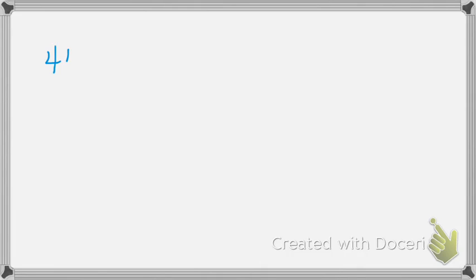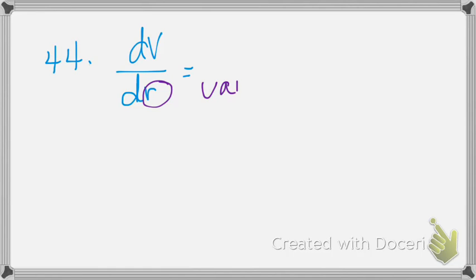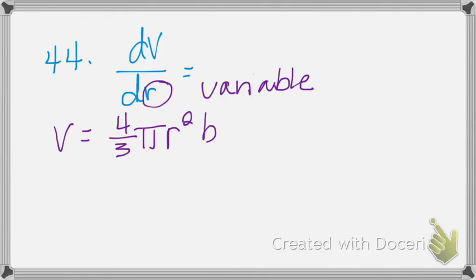Okay, 44. Okay, this means find the derivative of v with respect to r. So that's telling me that r is a variable. So when I look at v equals 4/3 pi r squared b, if it were me, I would probably take that r and put it separately.